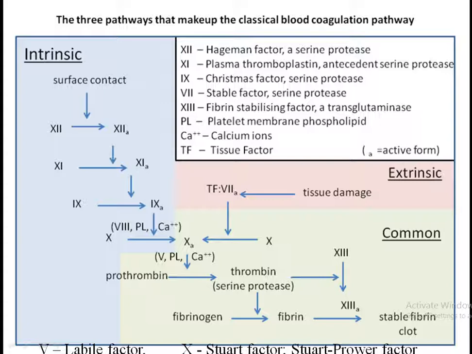In this figure, I want to just summarize the previous lecture, in which the extrinsic pathway is shown in pink color, while the intrinsic pathway is shown in blue, and the common pathway is shown by the grey color, and also the other clotting factors.